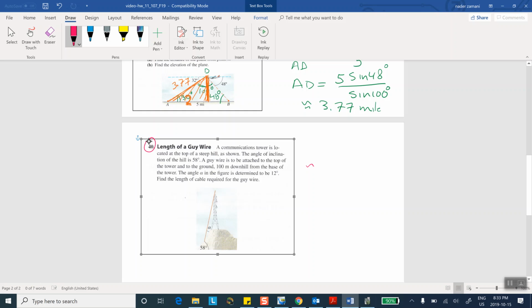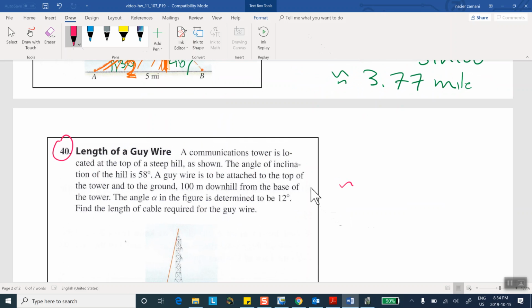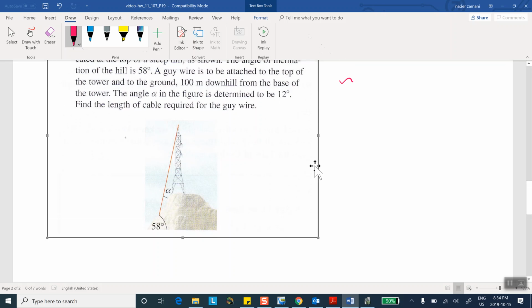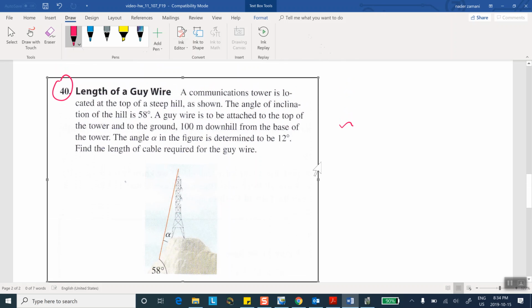The communication tower is located at the top of a steep hill, right there. The angle of inclination of the hill is 58 degrees, so I can see this thing well. Okay, 58 degrees, fine.